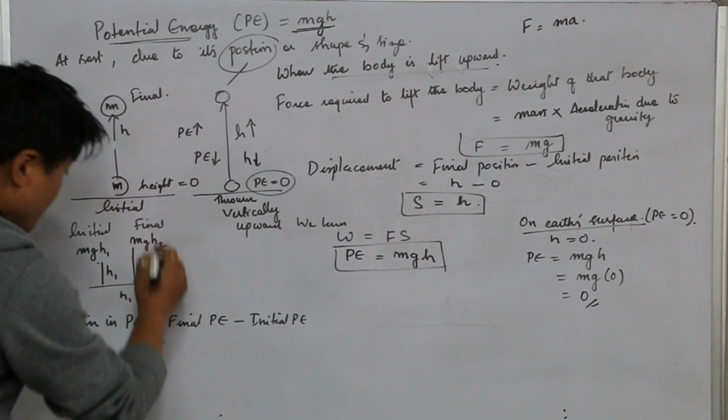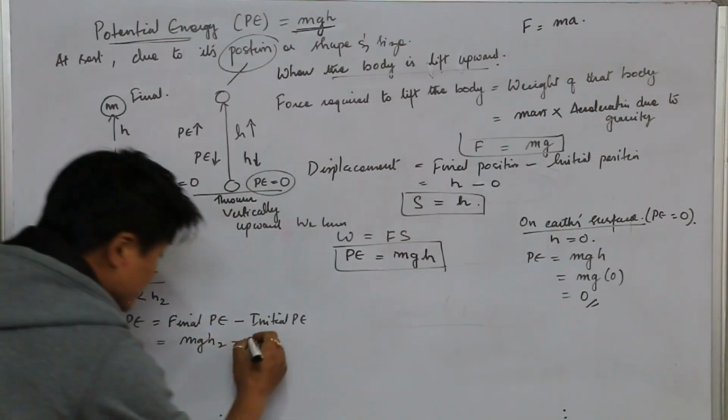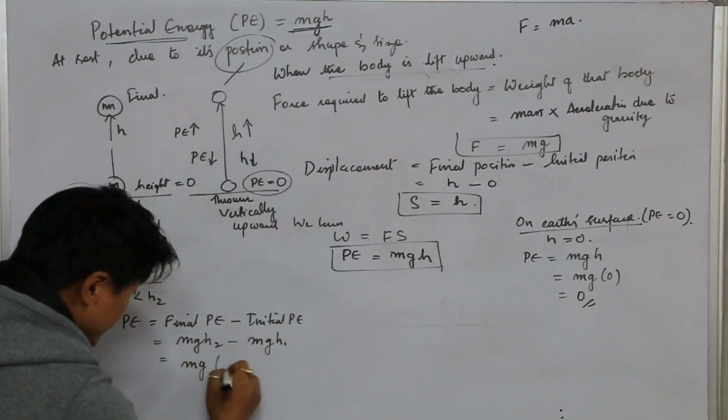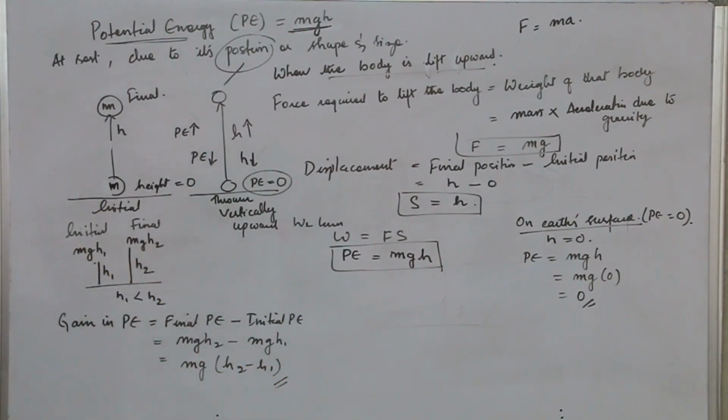Final potential energy is mgh2 and the initial potential energy is mgh1. Gain in potential energy, if we take mg common, is mg(h2 minus h1). Clear? This is your gain in potential energy.